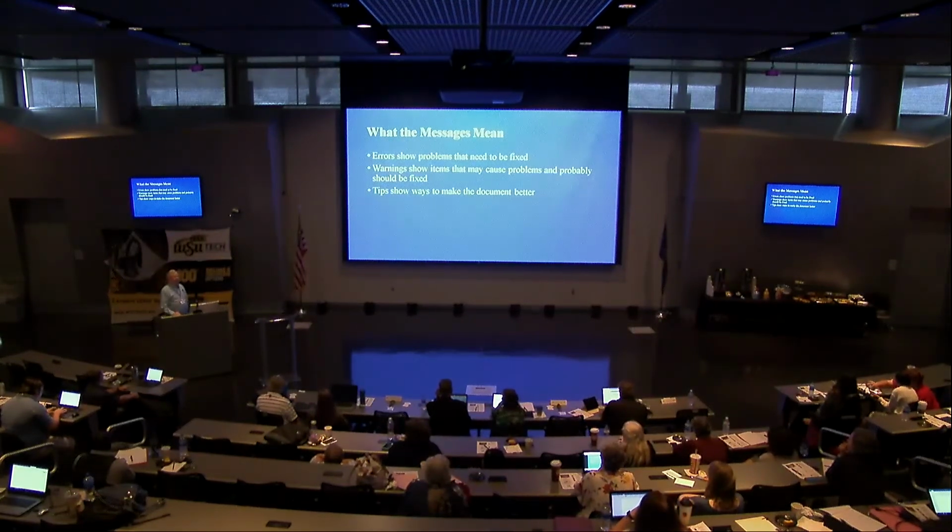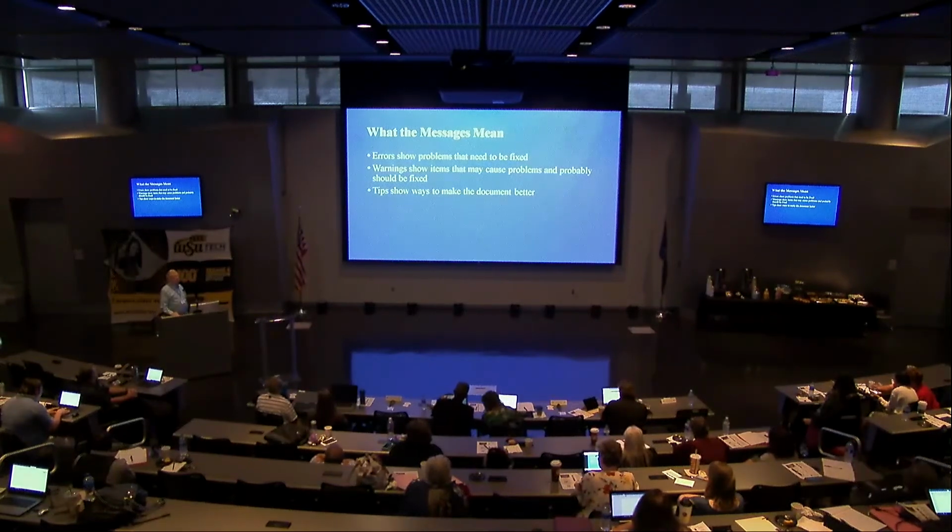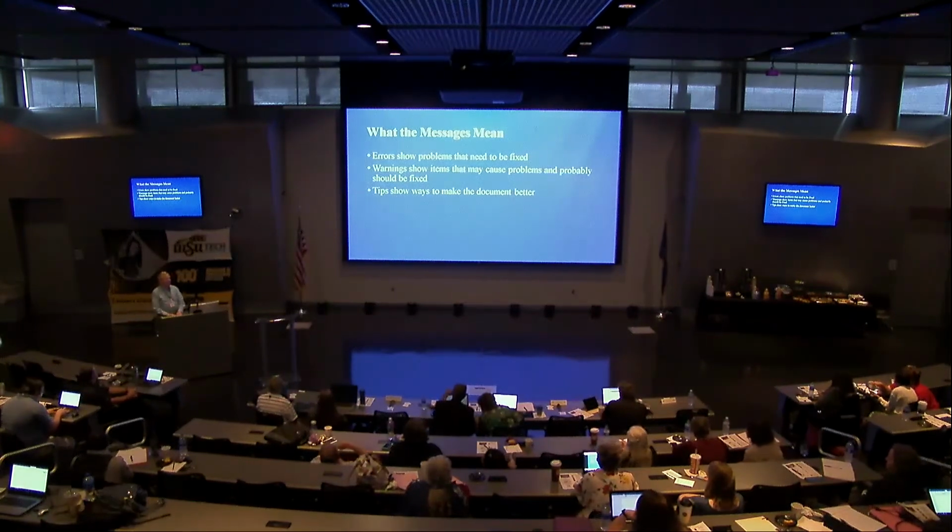Well, what do these words mean? And now Word is actually including some definitions with some of those words, which is cool. Assistive technologies have been doing that for a long time. I'm glad Word finally caught up. But it's nice to have the information there about what you need to do to fix it or why it's a problem. Okay?